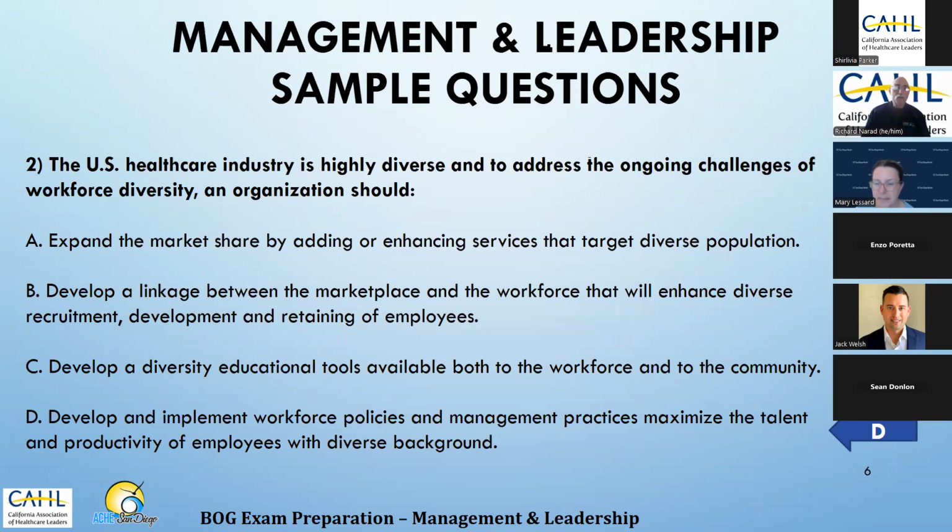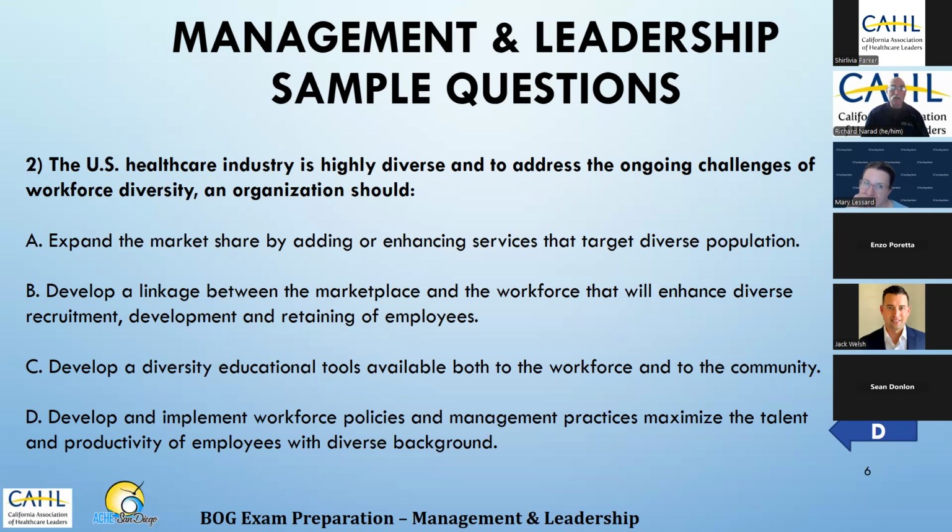This one, I would have rewritten this question in my mind, because that first part, the U.S. healthcare delivery is highly diverse, doesn't really answer the question. The question itself really begins with "to address, what should the organization do?"